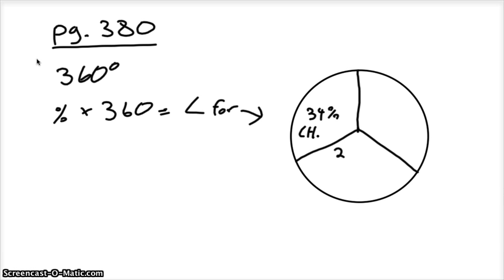So this is 28%. Remember, I'm guessing. I don't want you to guess. I want you to use a protractor. And 21% chose mushroom, and 17% chose other. So 21 is pretty close to 90 degrees, so that's going to be something like this. And that's mushroom. And then we're left with 17%, and this is other.